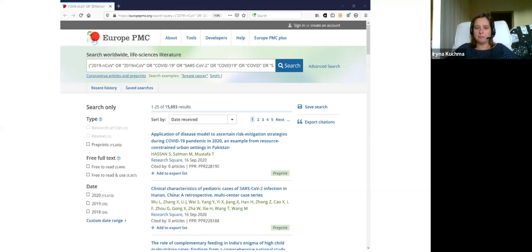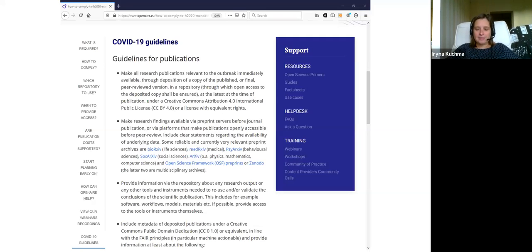You can see it says preprint, and there is also a notice that this publication isn't peer-reviewed yet, or might not be peer-reviewed yet, but we can see that preprints are really becoming an integral part of scholarly communication if we talk about rapid sharing of research results. Another interesting development in COVID-19 times is the importance of preprints for funders.